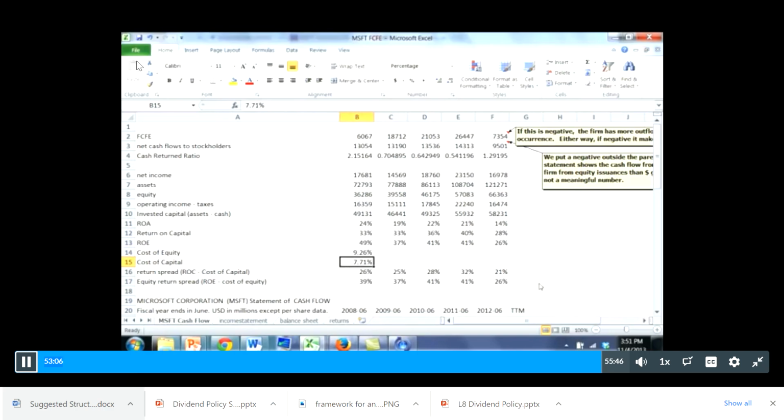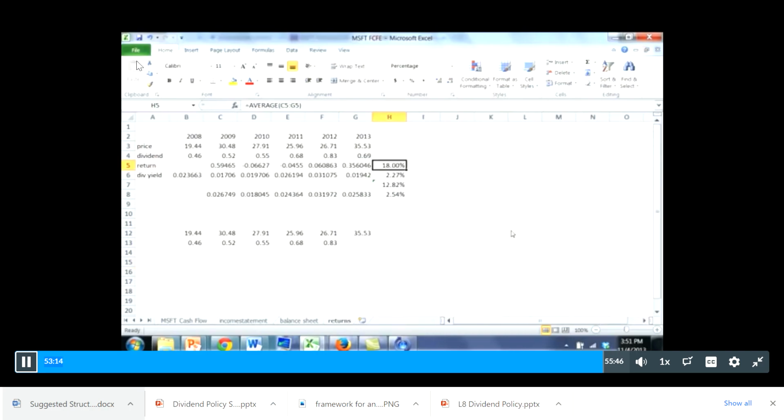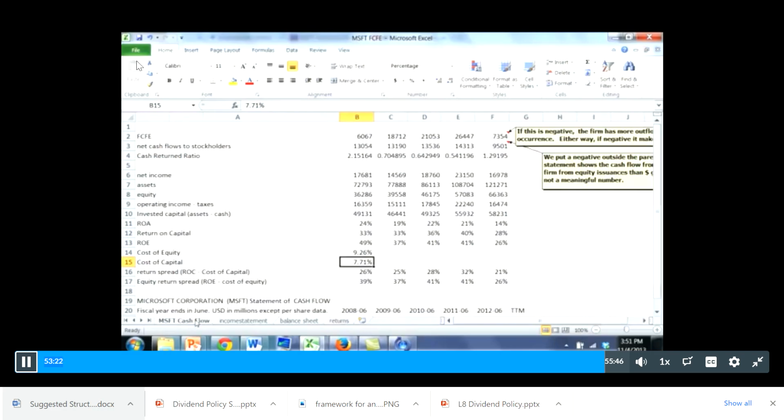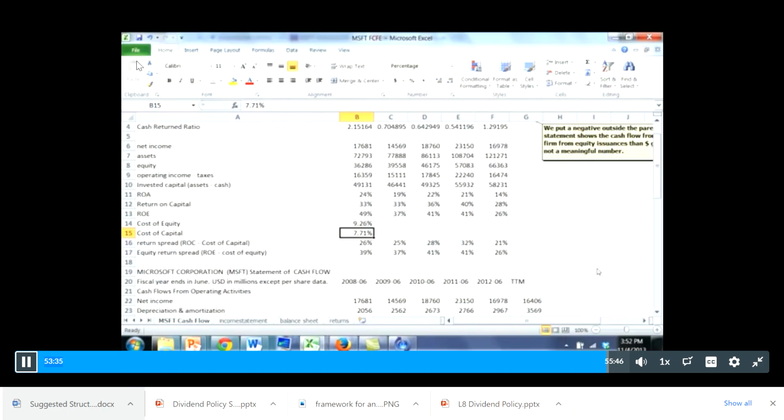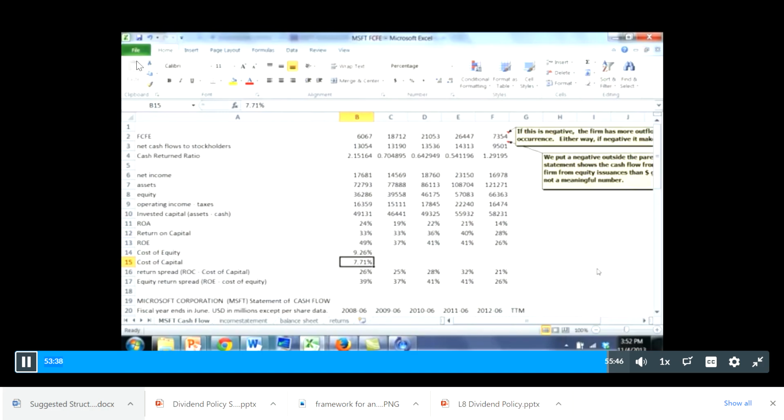So all the way around, from accounting returns, no matter how I calculate my accounting return, to stock performance, no matter how I calculate my stock return and my dividend yield, everything's telling me that Microsoft is doing a pretty good job with the cash that it's holding, and it is returning a good portion of that cash to the stockholders. So I think at this point I would say, keep doing what you've been doing.